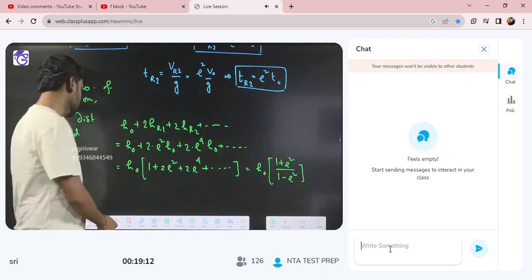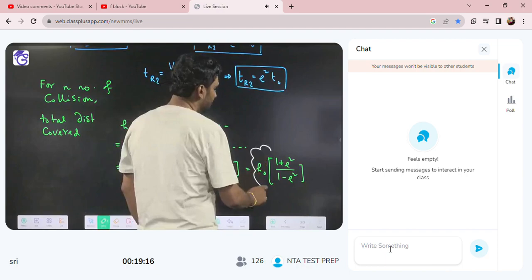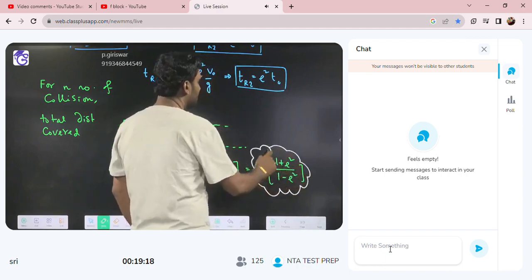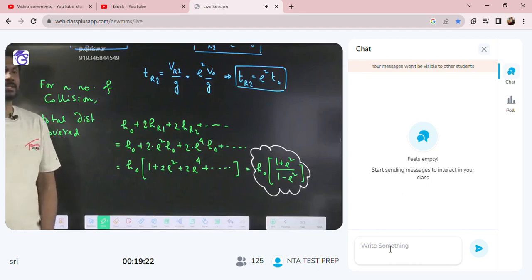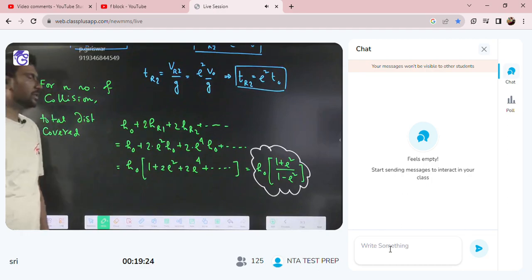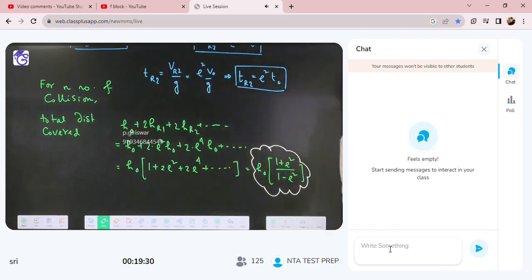Remember this value. This is not very important for numericals, but direct MCQ or subjective MCQ can come. Total distance covered will be equal to H naught into 1 plus E square by 1 minus E square. Is that clear to all of you?